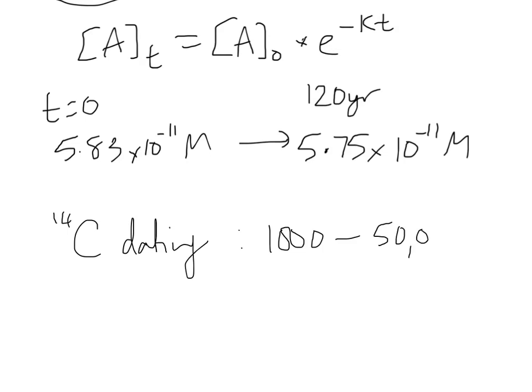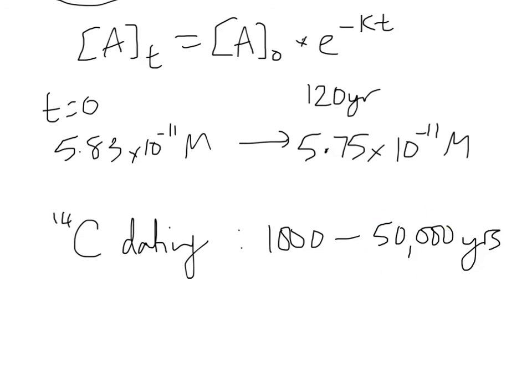It turns out that we can date things that have been dead or were living anywhere from 1,000 to 50,000 years ago. Why 1,000? Well, you can see after 100 years, it's really only gone down by some fraction of a percent. Hard to measure. After 1,000 years, it would go down significantly. Why 50,000 years as an upper limit?